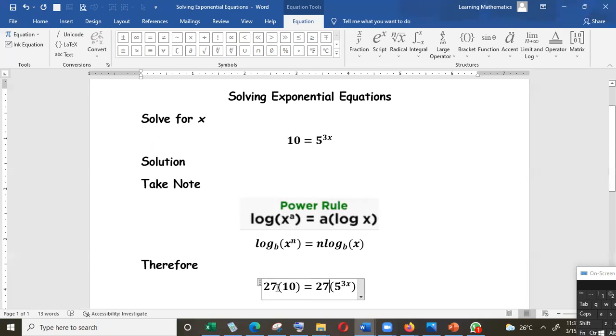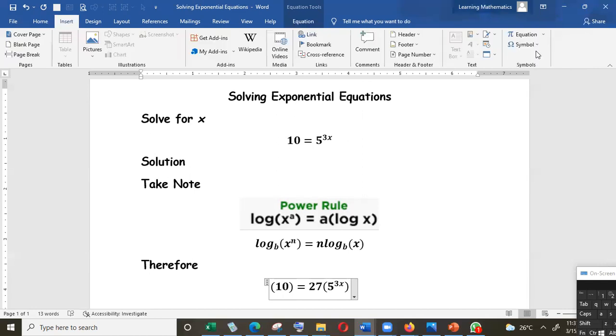If I multiply 10 by pi, I have to multiply 5 raised to the 3x by pi also. If I add pi to 10, I have to add pi to 5 raised to the 3x.